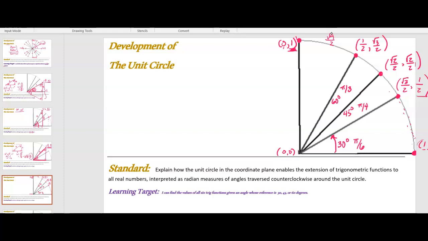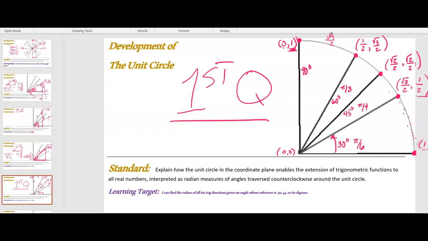Now, here's the nice thing. If you know the first quadrant, then you can basically just manipulate to find everything else in the unit circle. So you know everything at this point. And just to remind you, this angle is, of course, 90 degrees, which is pi over 2.